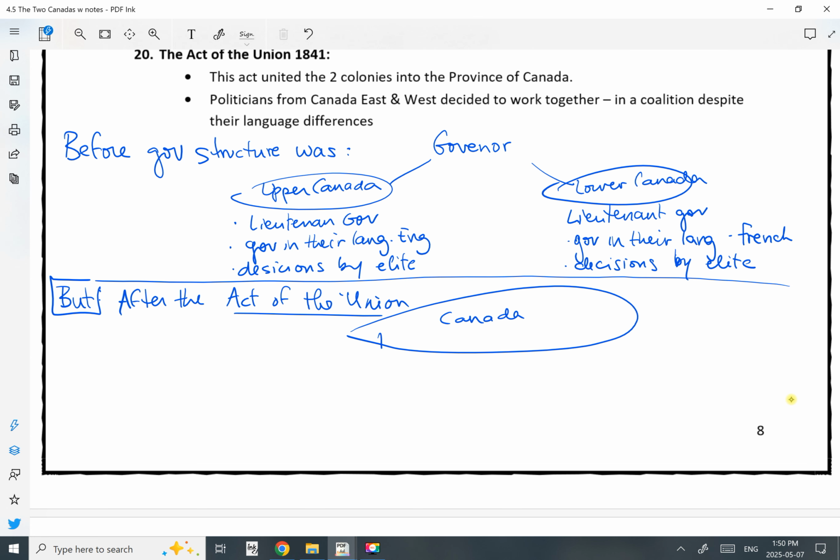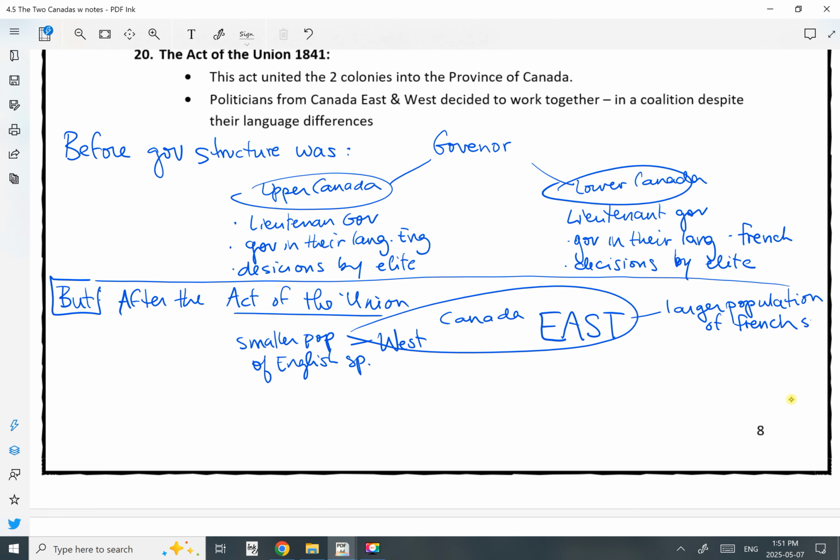Canada. West is small and east is big. Okay? Because this was a larger population of French. And this was a smaller population of English. And when I say that, I mean speaking, right? Okay.